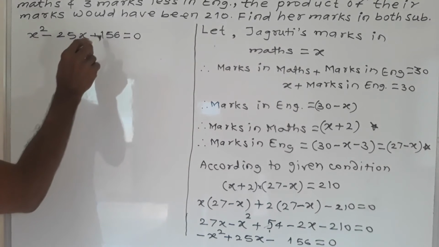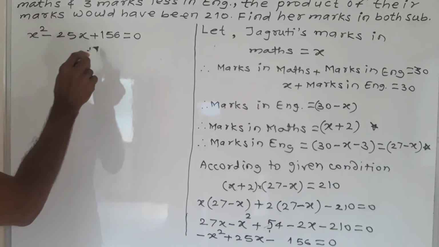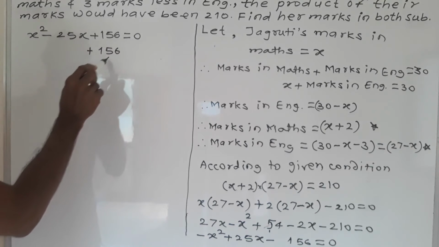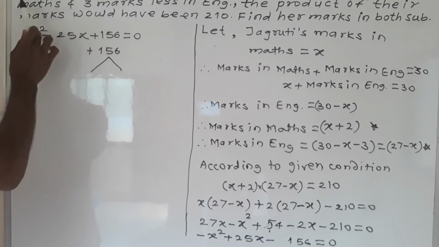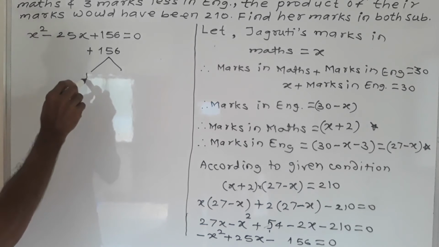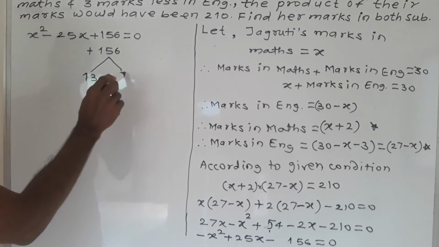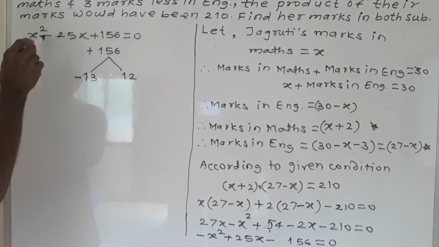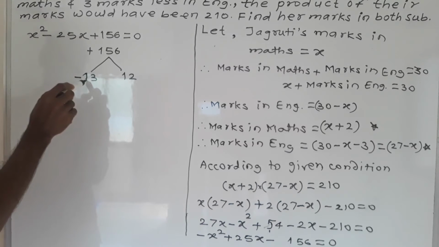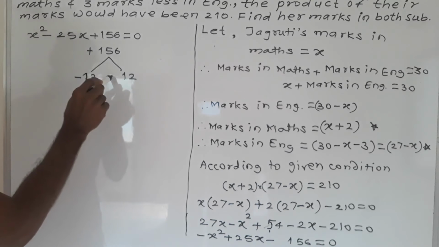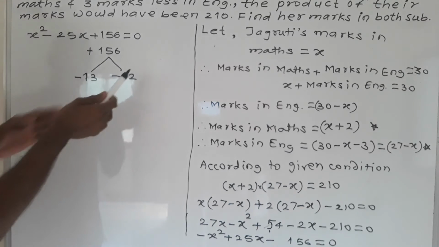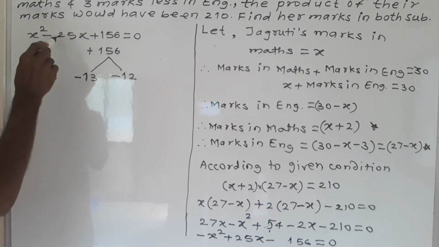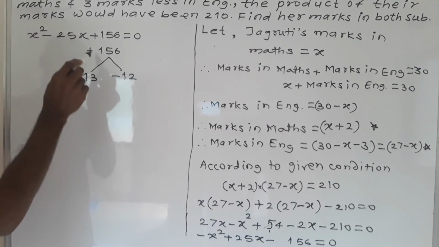Now we split this 156, therefore splitting we want minus 25, 13 and 12. Here negative, means always we put this sign to the bigger, and according to this we write another sign. Here minus 13 minus 12 means minus 25, and minus into minus plus.